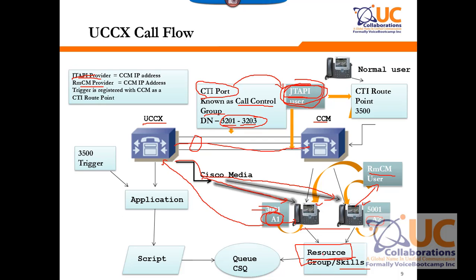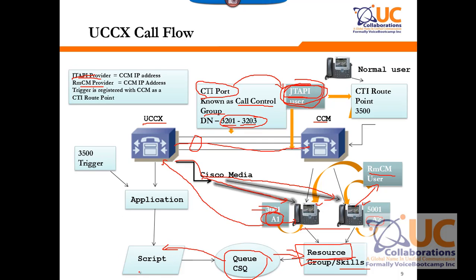Once the agent resource group is created, then we're going to create a contact service queue. A contact service queue is the queue where the call will be held. And every queue must be pointed to a resource group that is responsible for providing support. Now, in order to call this queue, we must associate the queue name to a script.